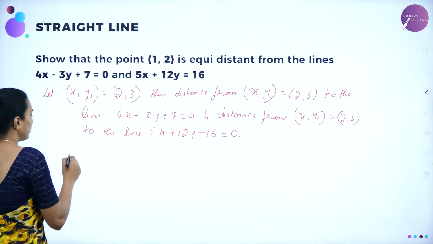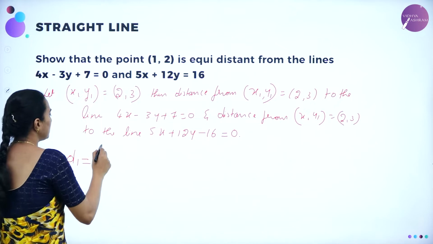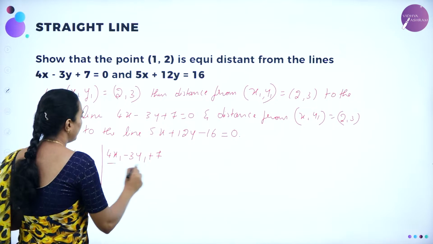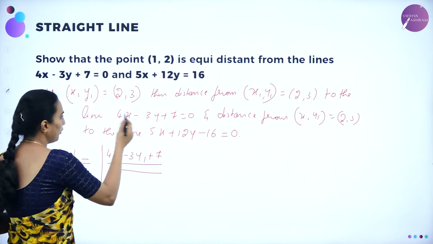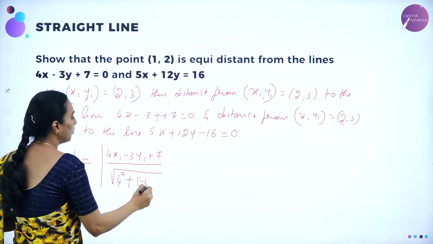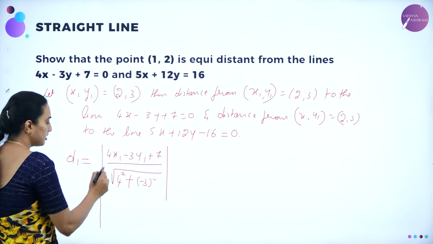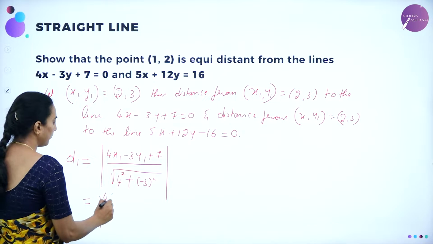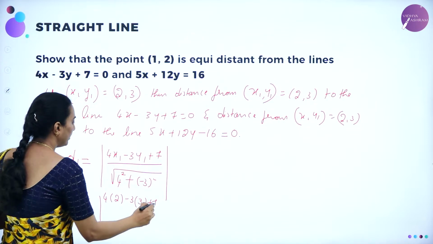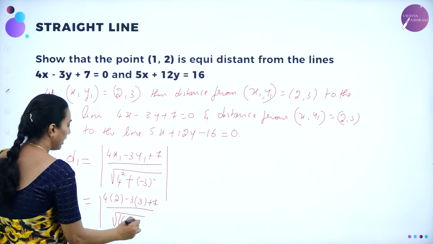What happens there? So d1 will be equal to, I am taking this line 1, modulus of 4x1 minus 3y1 plus 7 divided by square root of, coefficient of x is 4, coefficient of y is minus 3, 4 squared plus minus 3 whole squared. You can find this distance by substituting the values of x1, y1: 4 into 2 minus 3 into 3 plus 7 divided by square root of 4 squared is 16 plus 3 squared is 9.